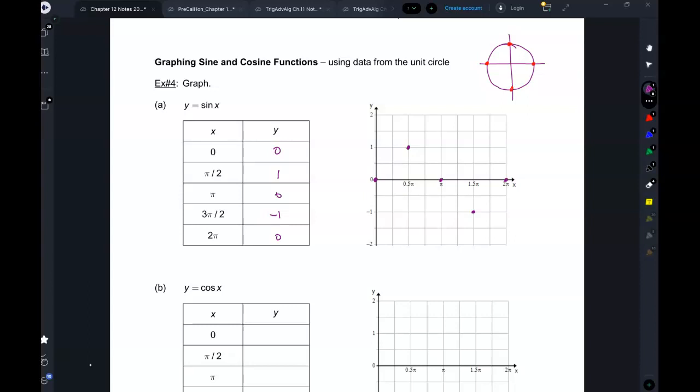These values on the x-axis, we're going to call these the critical points when we're graphing sine and cosine functions. Always 5 points. Okay, this is the x-axis. Look at what's happening to the points. They're going from the axis to the maximum, back to the axis, to the minimum, and so on.